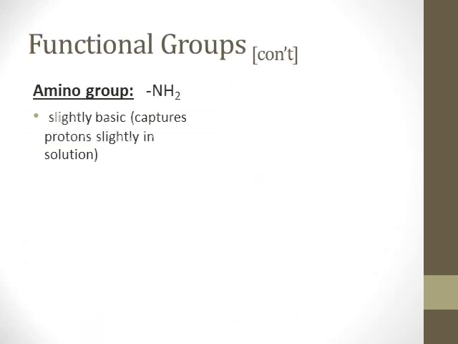Next, we have the amino or amine group, and you see it referred to both as amine and amino, and it has a nitrogen in it, nitrogen with some hydrogen. The amine group acts like a base, and it's going to accept protons from solution, only slightly again, so it's going to be a component in our organic bases.